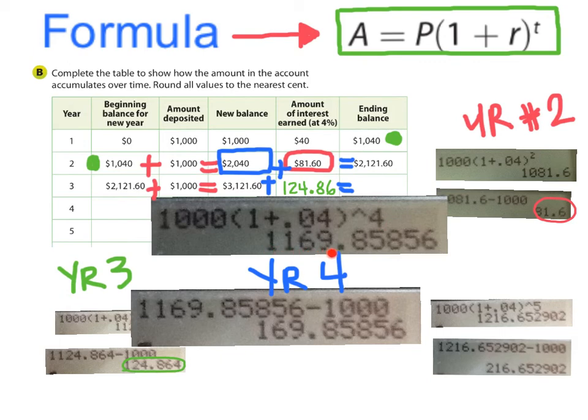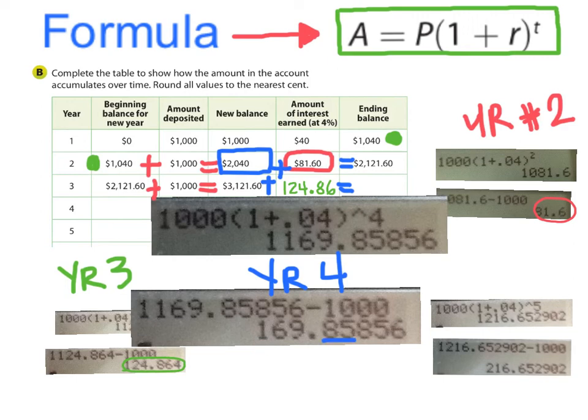I get a very large number. Again, all of this, $1,169, is not the amount of interest. I have to go back in and subtract $1,000 because that was the original amount. And what is left over is the interest for this year, for year 4.